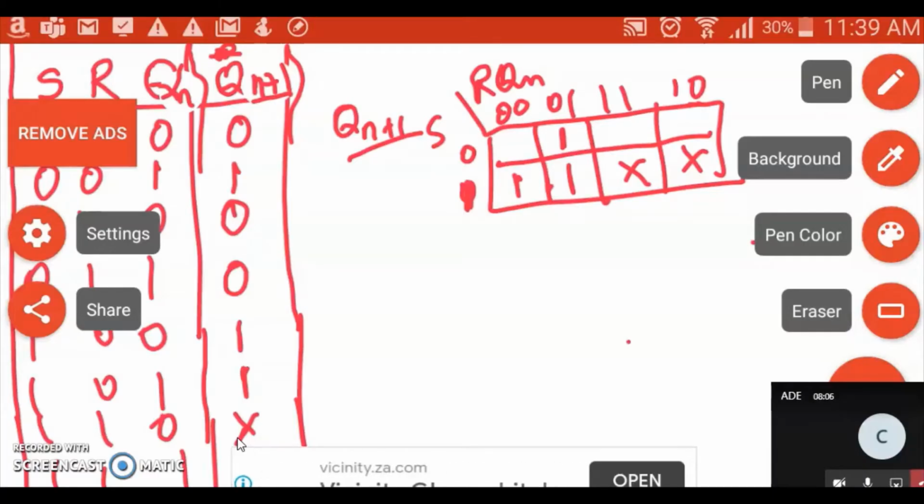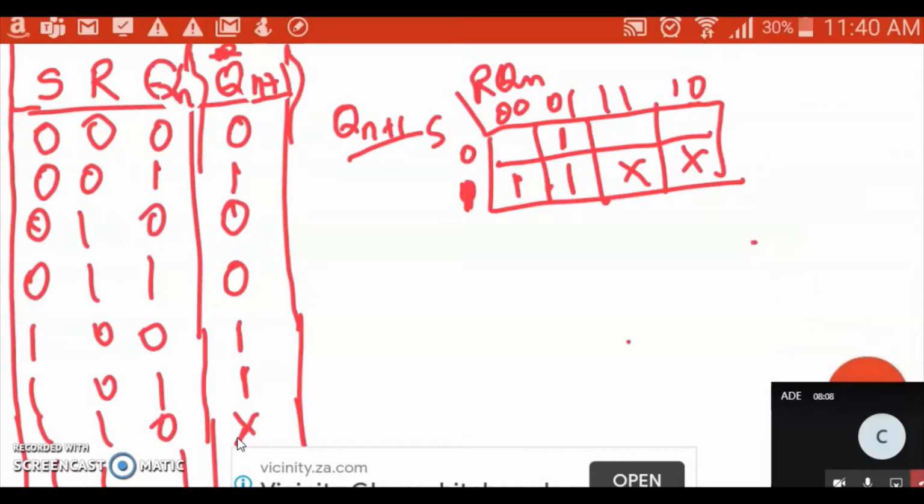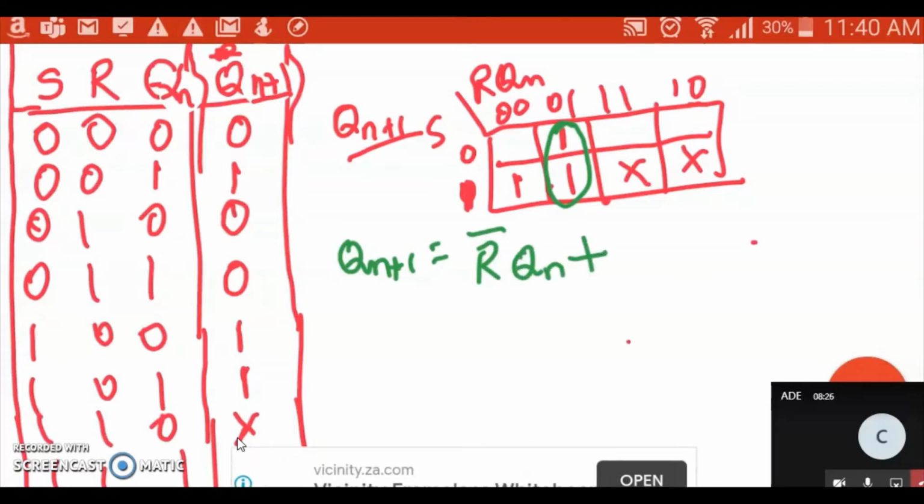Now do the grouping. This one is the only option, so I do this grouping. What's the expression? I got here R bar Qn. So Qn plus 1 is R bar Qn plus this.